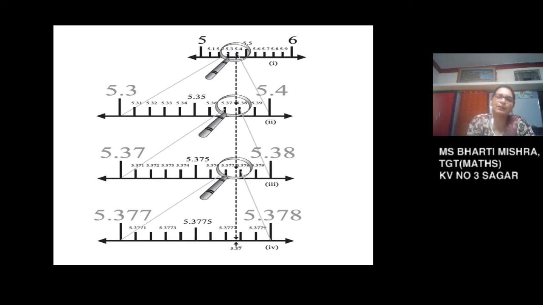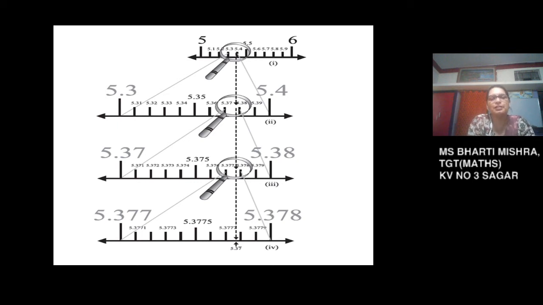First step, the number 5.3777 lies in between the two ones, that is number 5 and number 6. Now in the magnifying view, we have 5.3 and 5.4. We are magnifying these particular numbers and we are writing again 10 numbers in between 5.3 and 5.4.